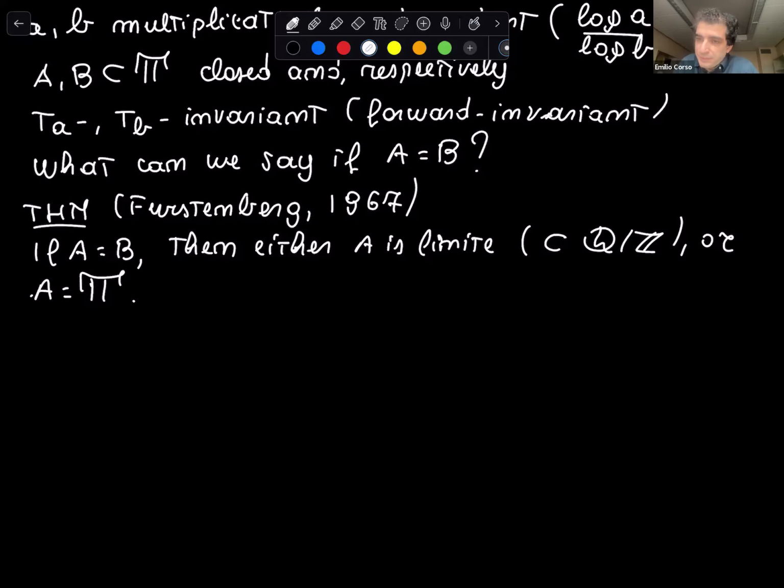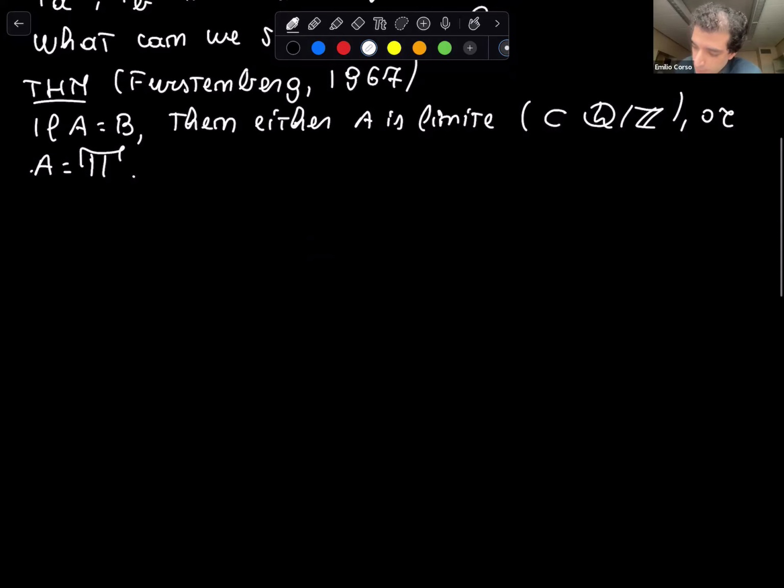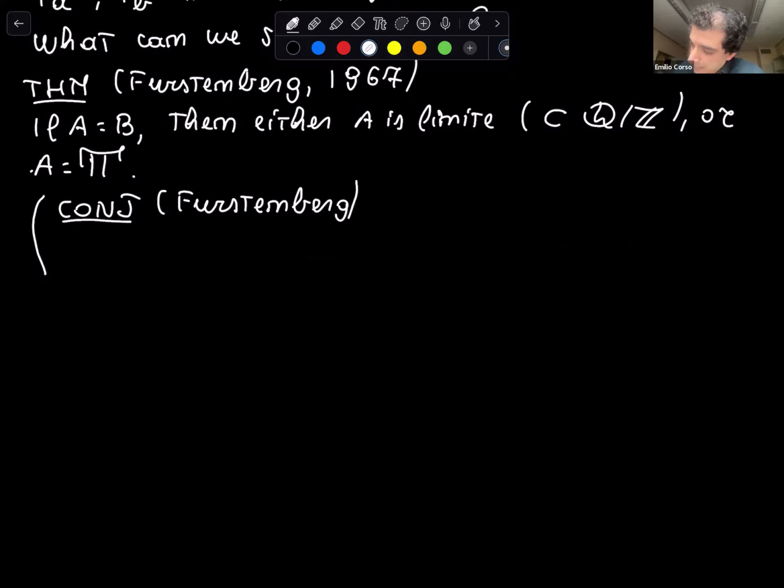So extreme rigidity, in that sense, for jointly invariant sets, there are very few of them. And even if the focus of the talk will be on sets, it would be remiss not to mention one of the most well-known open conjectures in dynamics, perhaps, which is the measure theoretic analog of this, which is again due to Furstenberg, that if mu is T_a T_b invariant, so invariant and ergodic under both maps.